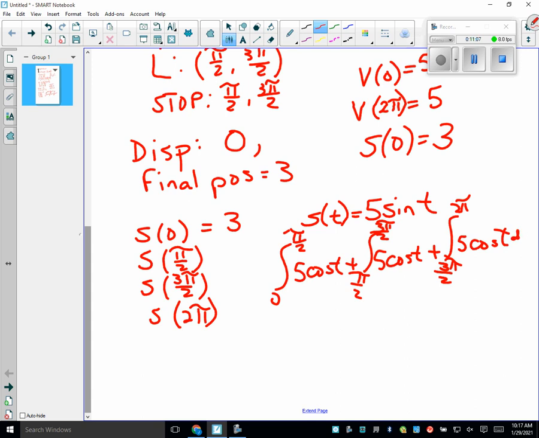All these have a dt with them. This is what I'm actually finding. Even though before I did it the other way, this is what I'm actually doing. It's the same thing, but now we switched it in terms of integrals. Does that make sense to you?